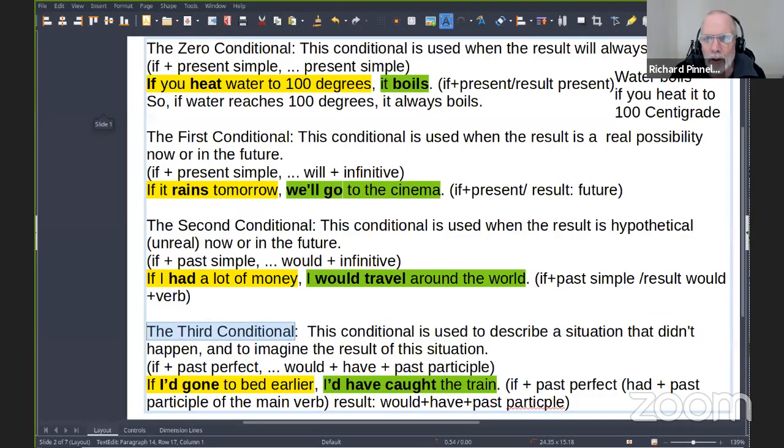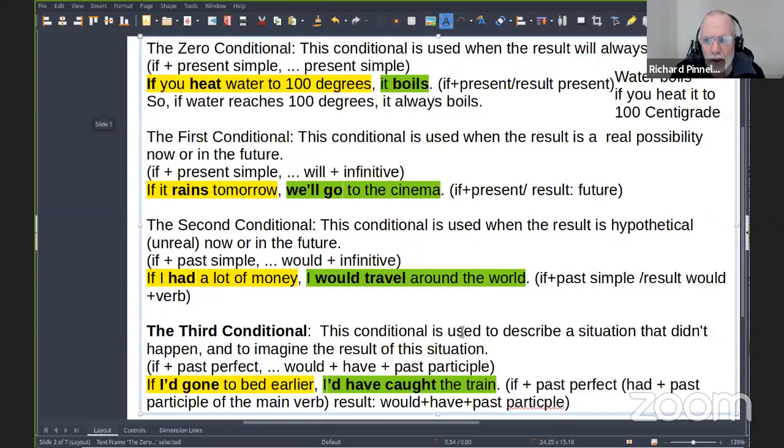So the third conditional is used to describe a situation that didn't happen. This conditional is used to talk about the past. We want to refer to the past. So it is unreal.